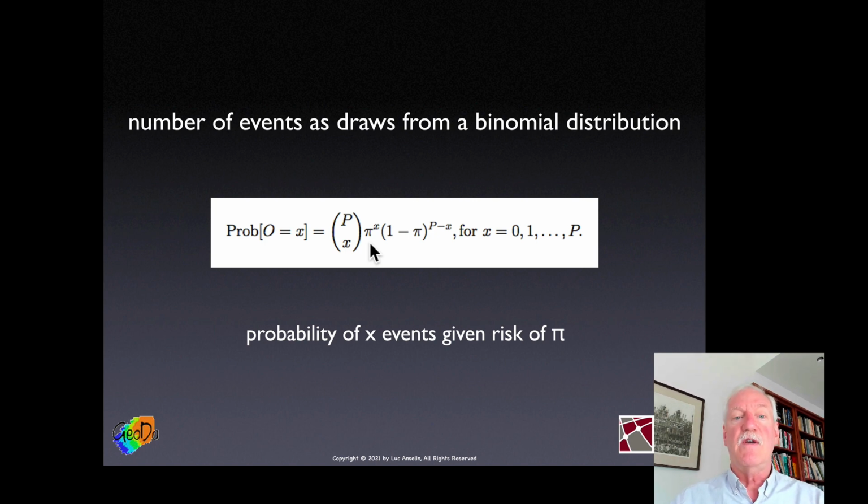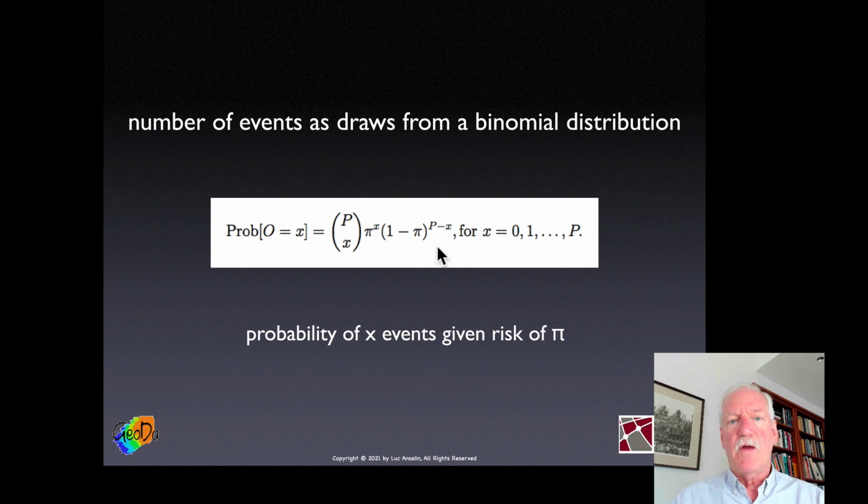Given this risk, we can find out what is the probability of, given a population of 10,000 people, that we have 5 COVID cases, that we have 10 COVID cases. You can compute this all with this expression here, which is the familiar binomial distribution expression.